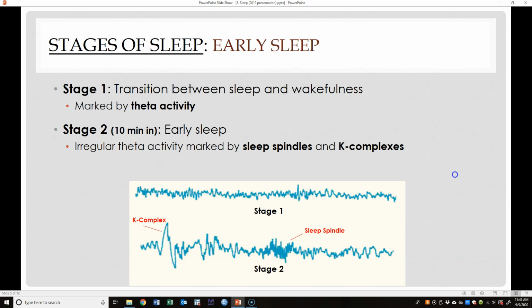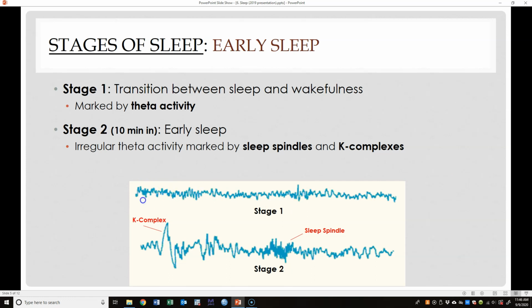Okay. What we see as you start to transition from wakefulness to sleep is, again, a shift from alpha activity to theta activity. Things start to slow down even more.